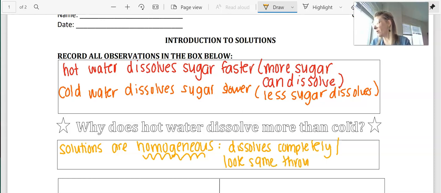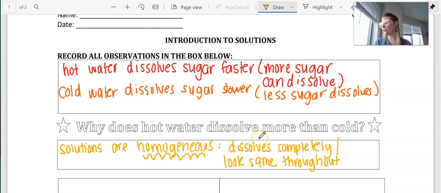And that's going to be important because we are going to refer to solutions frequently, and understanding that the stuff that's actually dissolved is part of the solution. If you were, for instance, to have some of the solute that stays at the bottom, that's not actually part of the solution. That solute just sits at the bottom of the glass. It's undissolved.